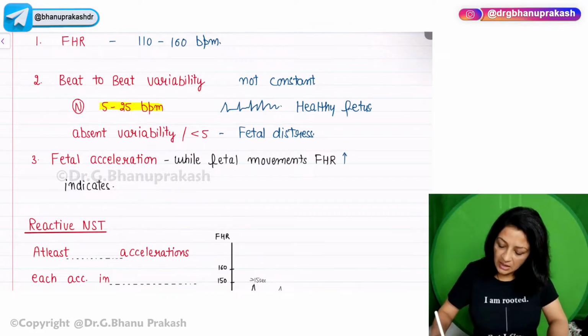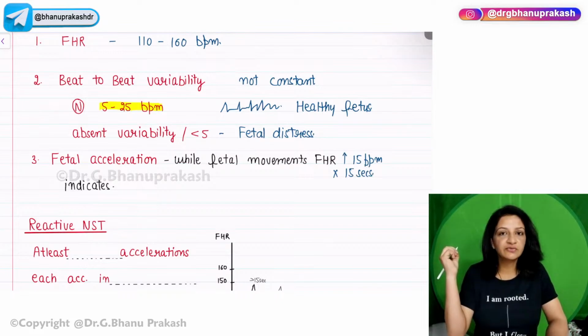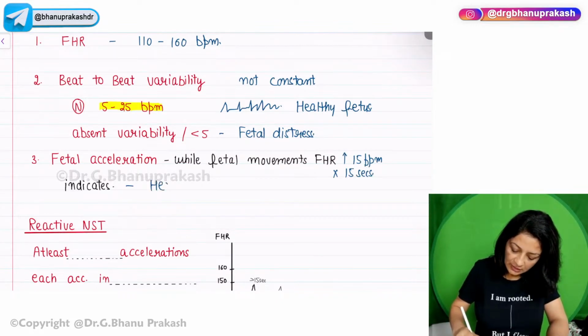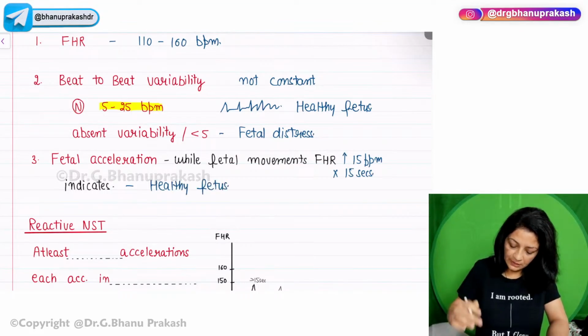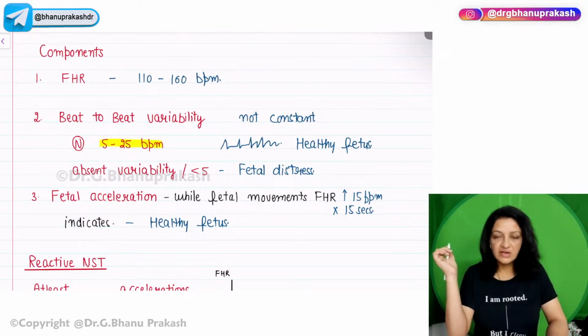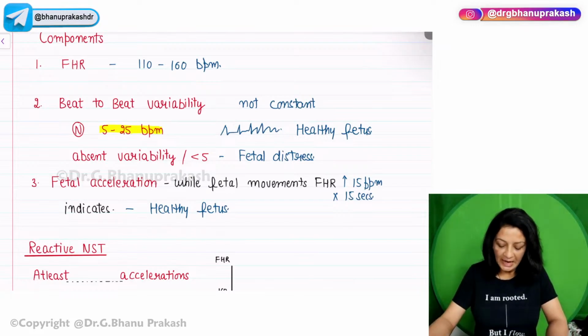Up जाएगी up to 15 beats per minute for 15 seconds, which indicates healthy fetus. So ये हुई components of NST. First one is fetal heart rate, second one is beat to beat variability, and the third one is fetal acceleration.